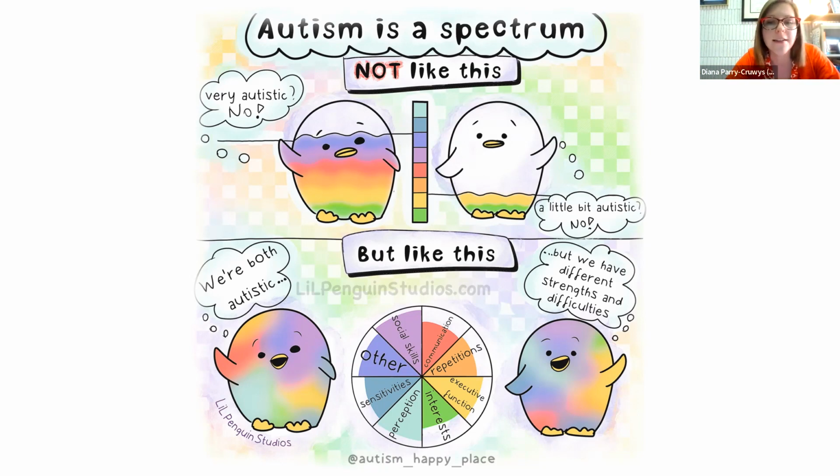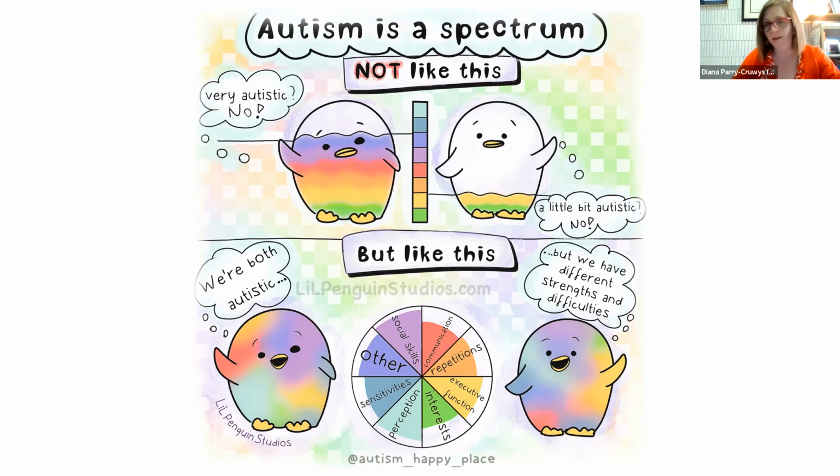And so these areas listed here are common areas that you hear people say, oh, this is something that is maybe challenging for an autistic person, but it doesn't always have to be. So social skills, communication, repetitive behavior, executive functioning skills, interests, perceptions, and sensitivities.